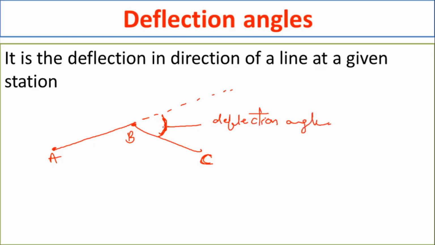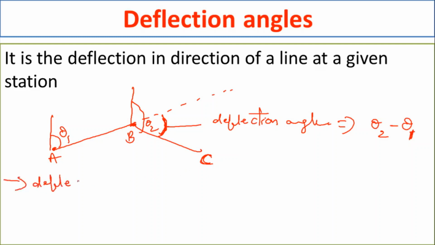Now how to determine the deflection angle: suppose the bearing of this line is theta 1 and the bearing of this line is theta 2. Then the deflection will be theta 2 minus theta 1 simply. The deflection angle can in no case be greater than 180.